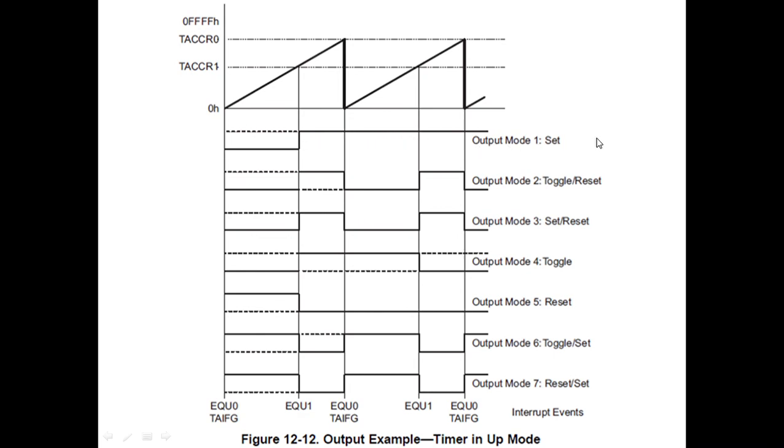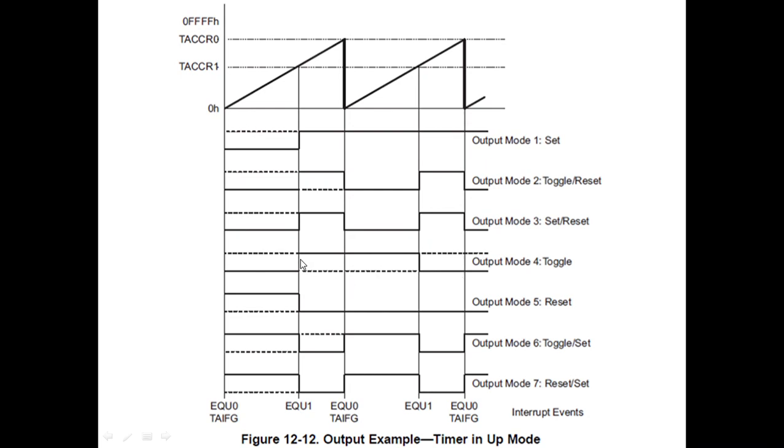In the toggle or reset mode, initially it is 0. When it reaches the capture or compare register 1 value, that value is high. When it reaches the register 0 value, it becomes low. Again, like that, it continues. Similarly, in the set or reset mode. In the toggle mode, output mode 4, initially 0.